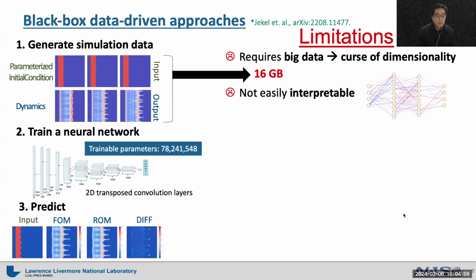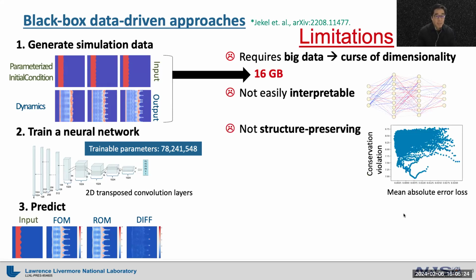And even after you train the neural network, it is not easily interpretable because of the internal complexity, how those neurons are connected and all those weights and biases. It's hard to interpret how individual components contribute to the predictions, right? And a lot of times, their prediction is not structure preserving.